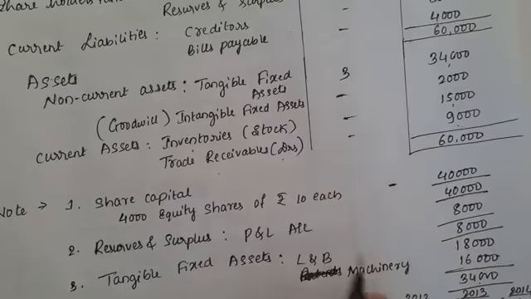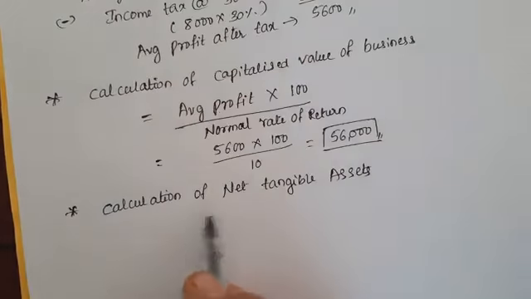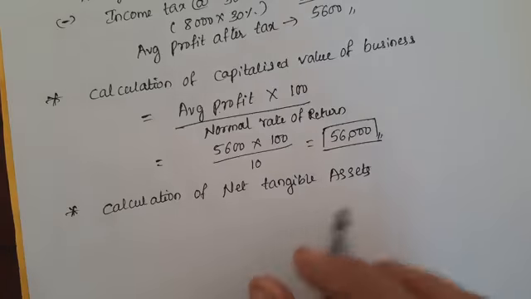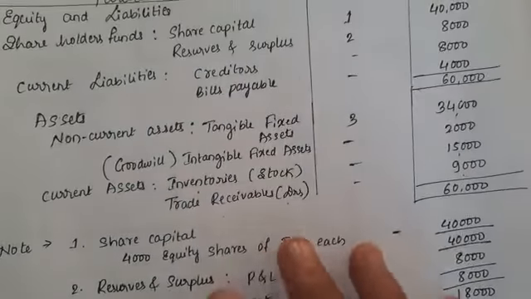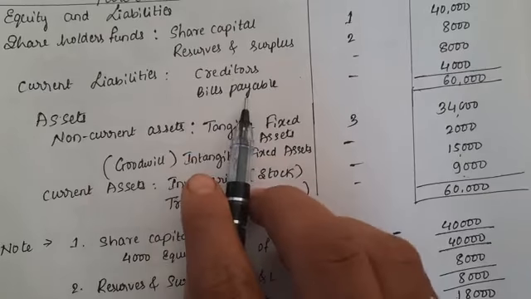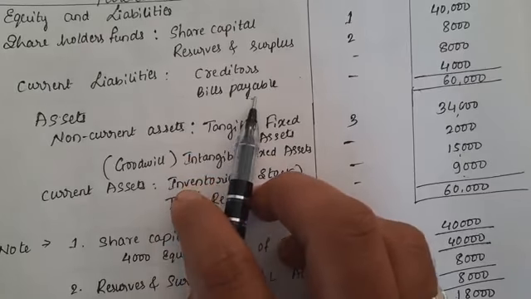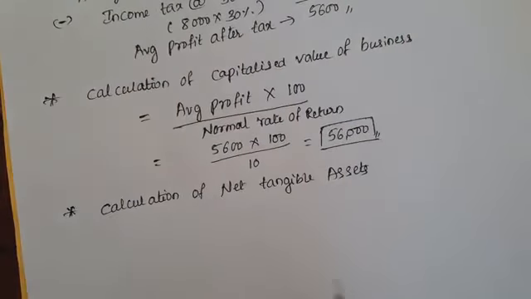These are the tangible assets. For calculation of the net tangible assets, the formula is total tangible assets minus external liabilities or current liabilities. Here current liabilities are creditors and bills payable.